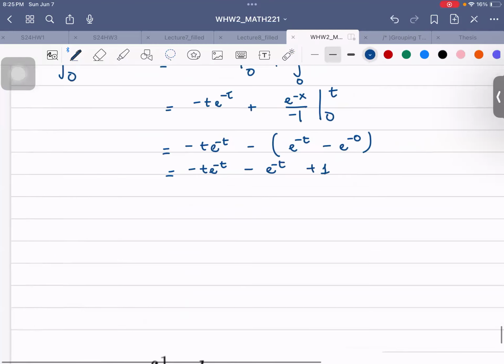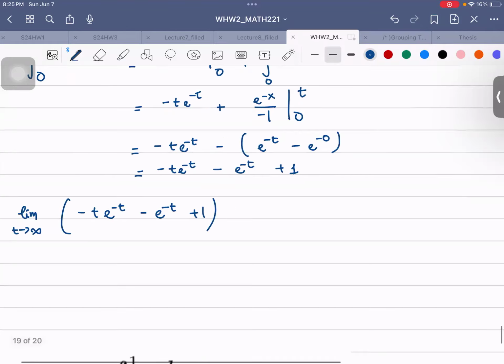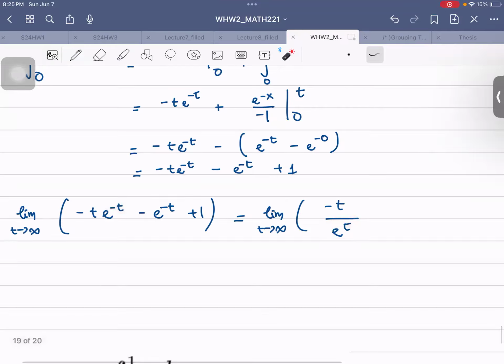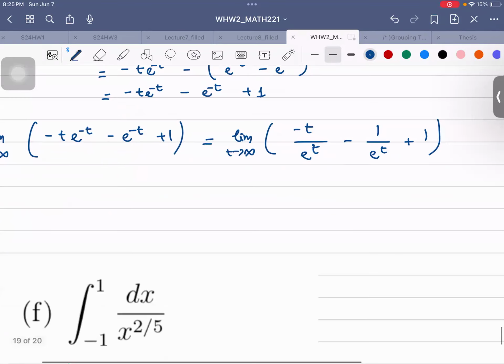Technically, this thing is just negative t divided by e to the t, because negative powers can be rewritten in the denominator without the negative sign of the power. Minus 1 over e to the t, plus 1.